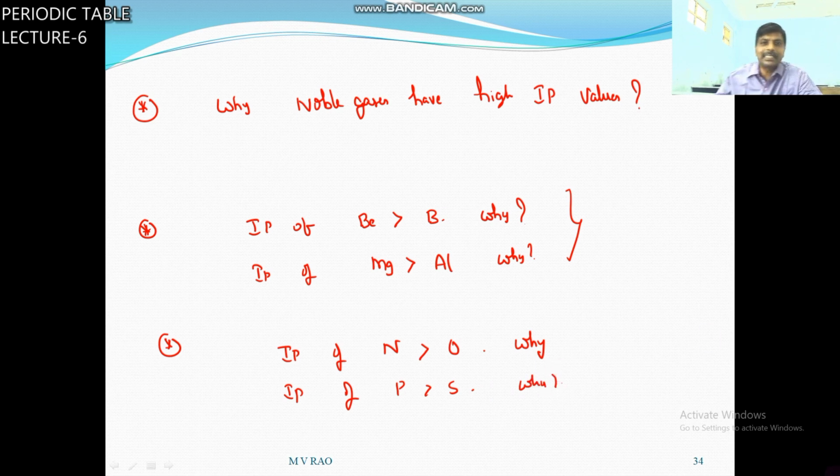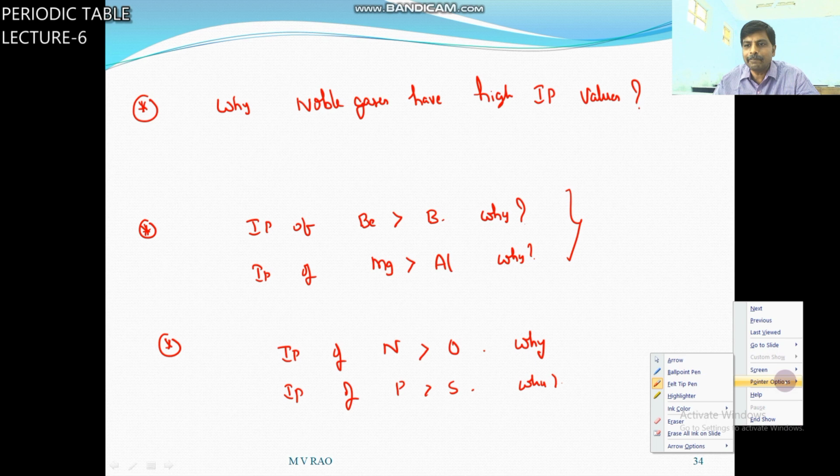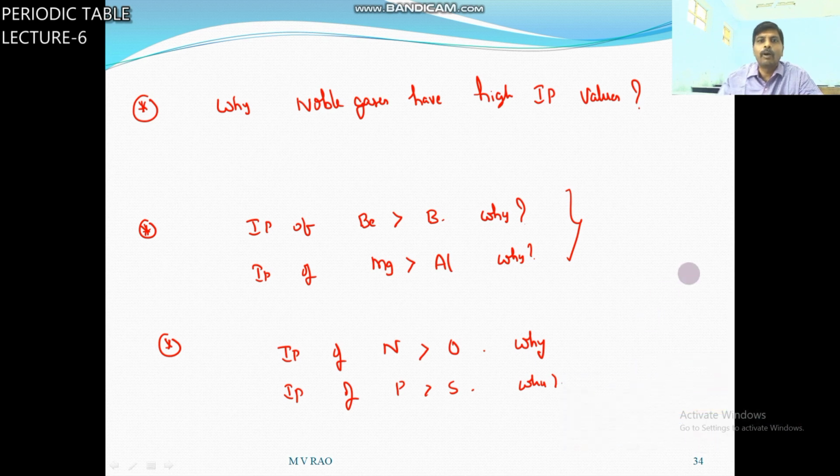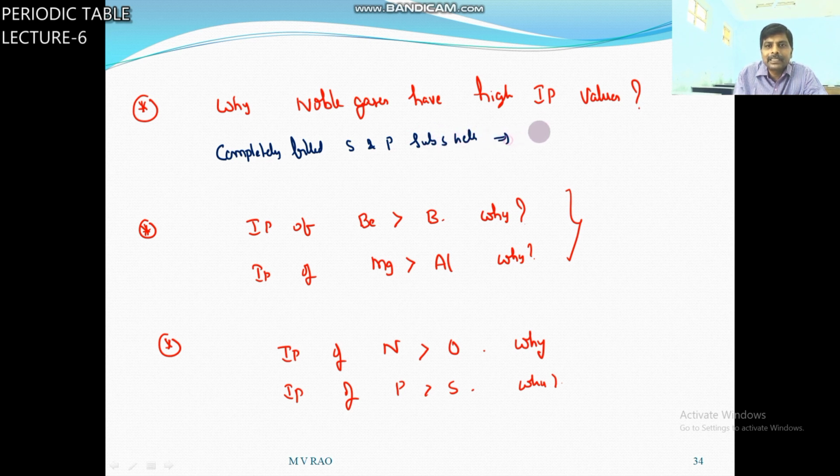So what is the answer for the first one? Noble gases have high IP values because they have completely filled S and P subshells, a stable octet configuration.